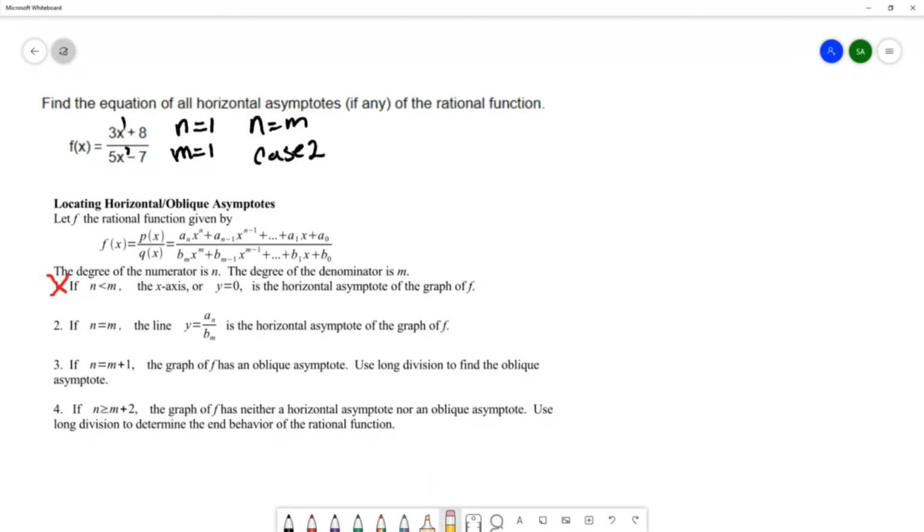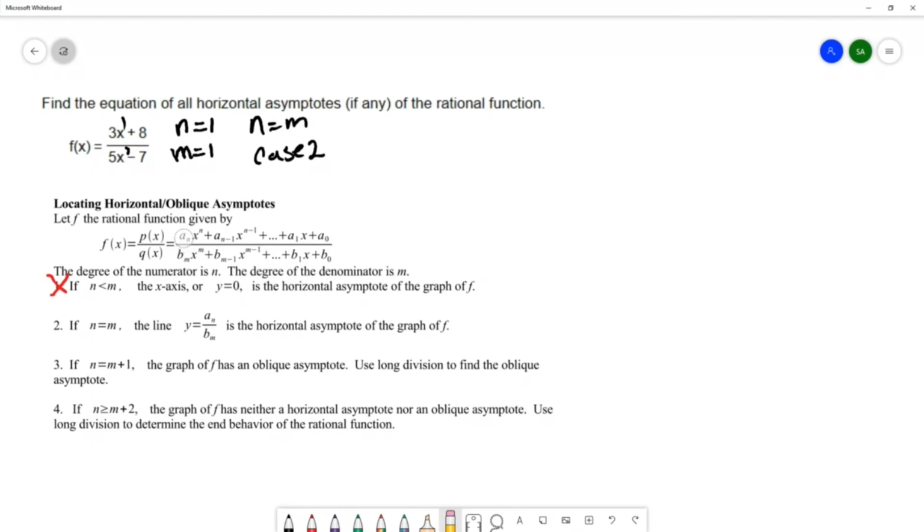Here we have that the line y equals a sub n over b sub m is the horizontal asymptote of the graph of f. Now a sub n and b sub m come from the numerator and denominator.